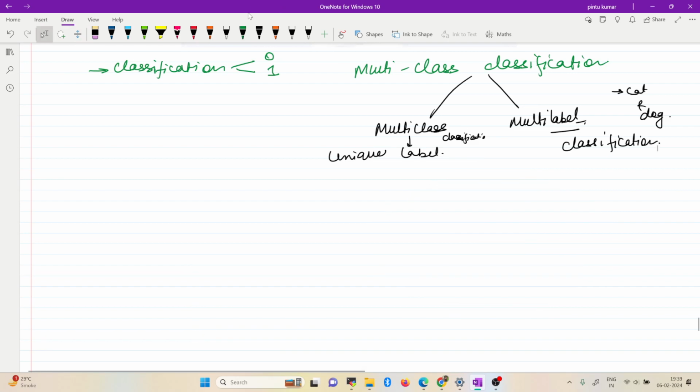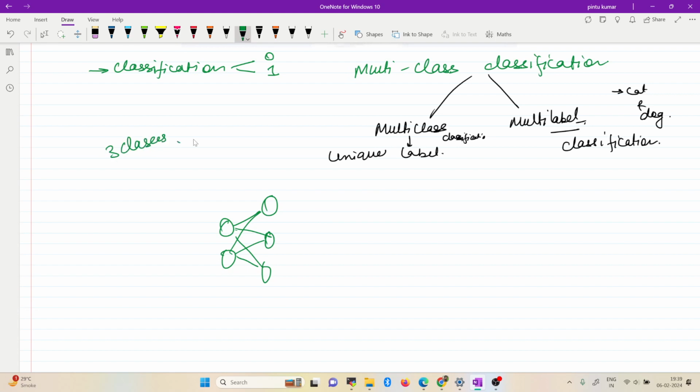So right now, let's say this is your input. These are three hidden, yeah. And you have three classes from which you want to predict. So now your output layer won't have just one neuron, but three neurons.